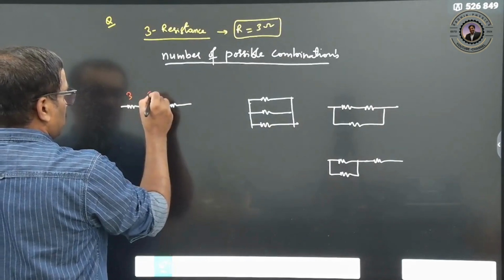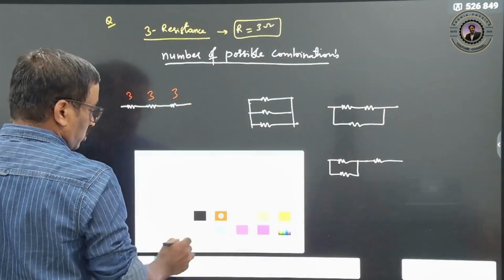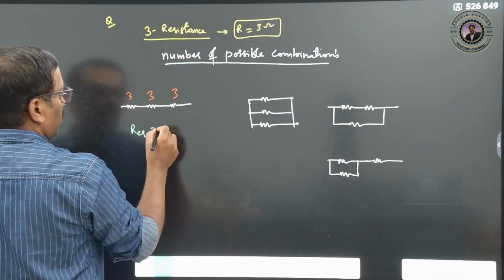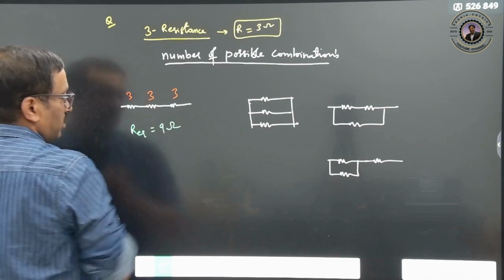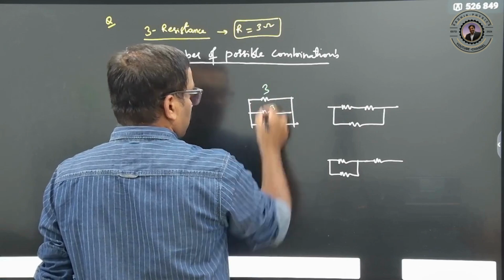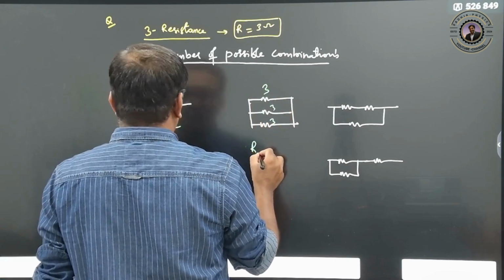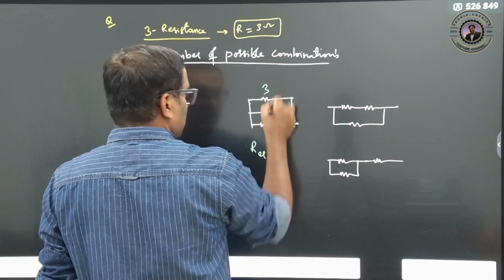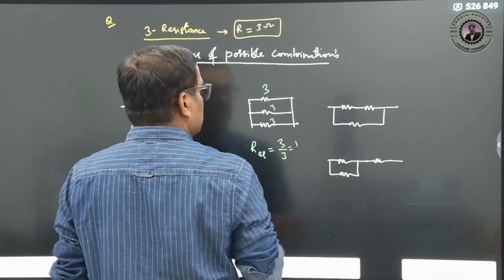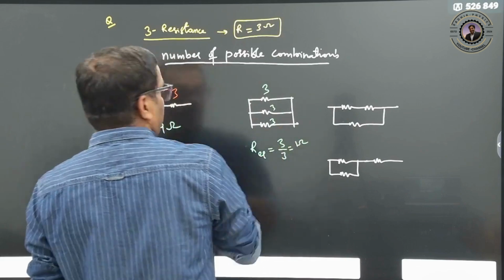This is 3 ohms, 3 ohms, 3 ohms. So R equivalent, just add them all up, is 9 ohms. Clear? Now if all are in parallel, R equivalent is 3 by 3, so this is 1 ohm. Clear?